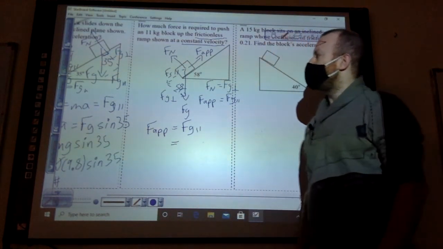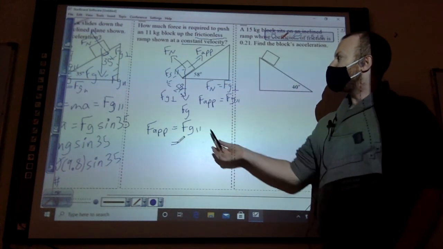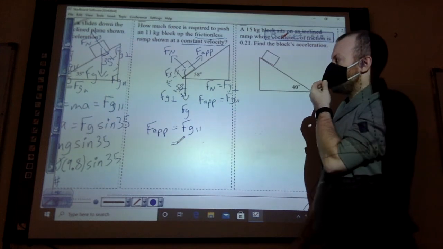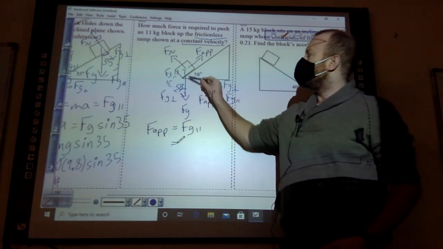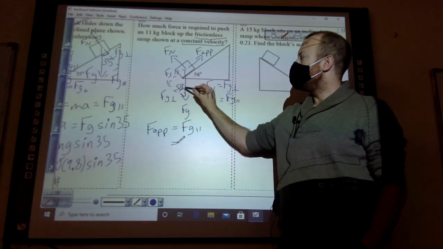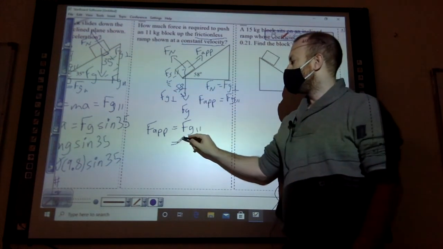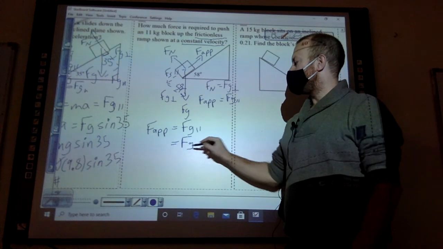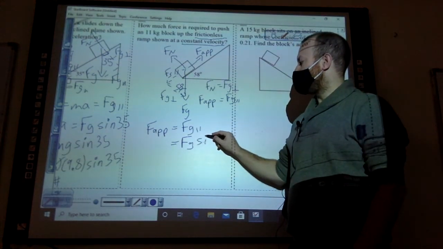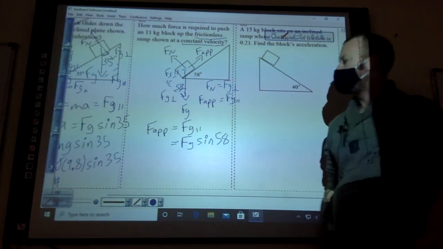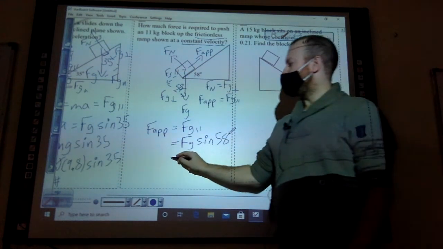Given our triangle, I can figure out Fg parallel, and I can do that because we've got our 90-degree triangle here. I've got an angle, I want the opposite side. So we put what the hypotenuse is times sine, because it's the opposite. I know Fg is mg.